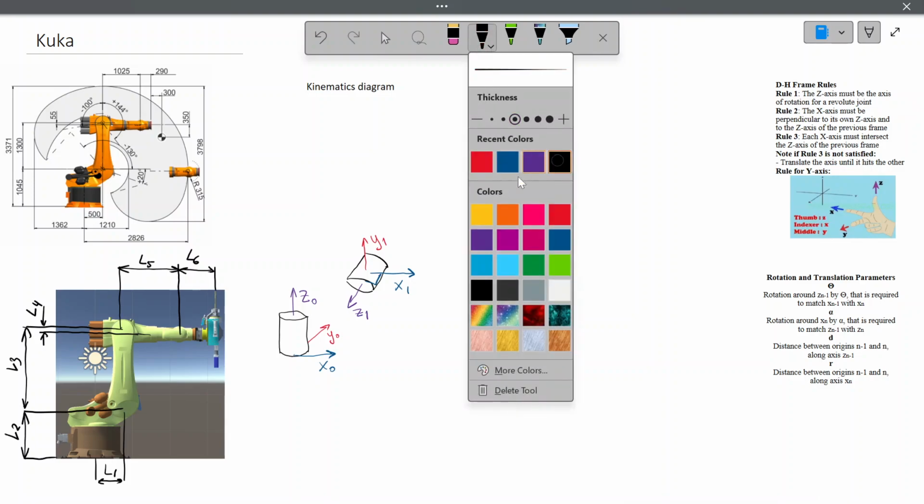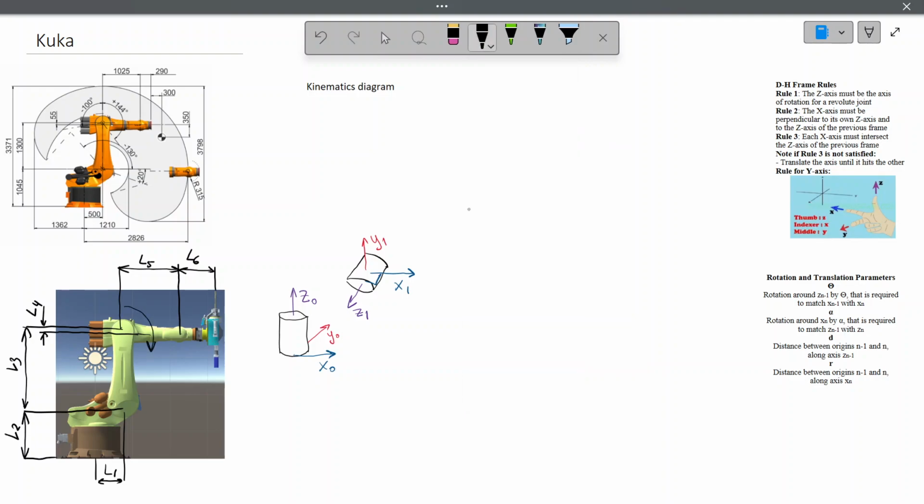We move to the next joint. This joint is also rotated in a similar way to the previous one, so we draw it similarly. It is on the same line with no offset, just shifted by the distance L3.